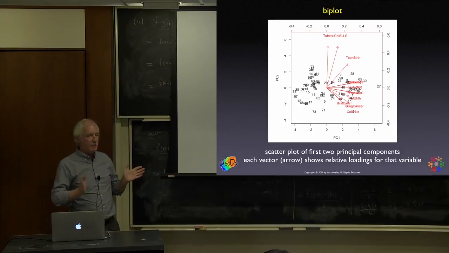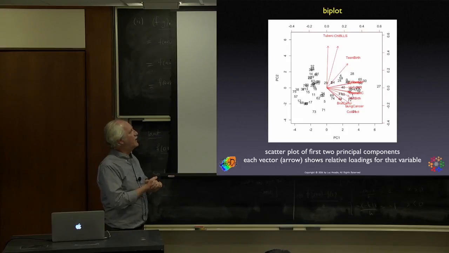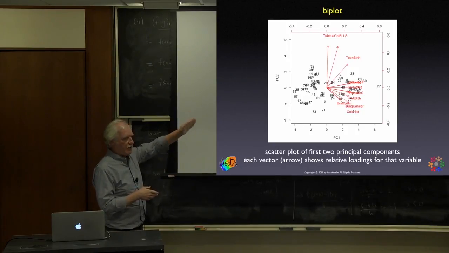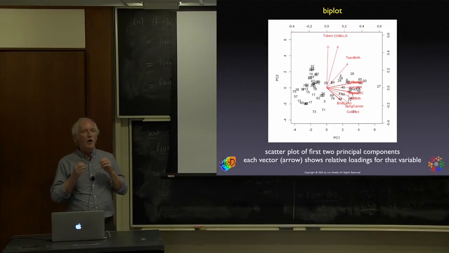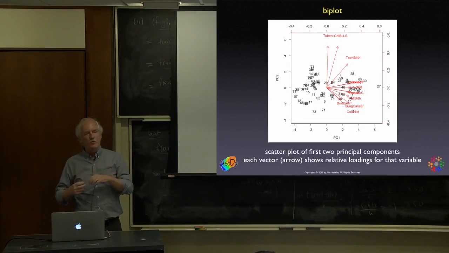So that's similarity in attribute space. A particular kind of plot that is useful in this context is called a biplot. What a biplot does is show as a vector, as this arrow, how the loadings of each variable contribute to the principal component.